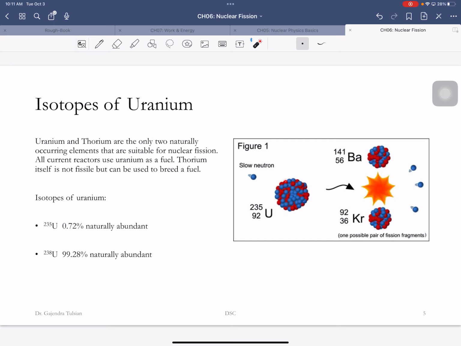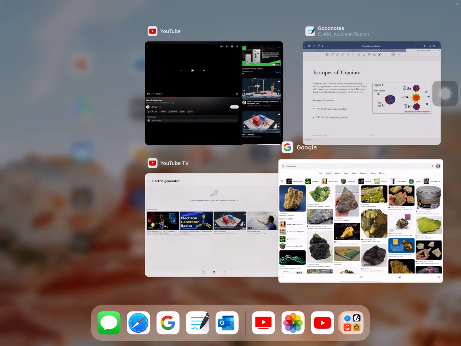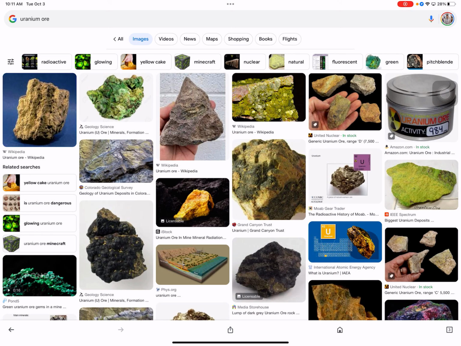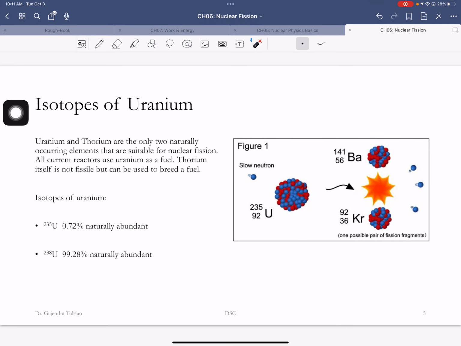Okay, so uranium-235. Here's a uranium rock, or uranium ore, and this contains 99.3% uranium-238 and 0.7% uranium-235. So you can't just take that and throw it in a nuclear reactor. You have to enrich this, depending on the design of your nuclear reactor.